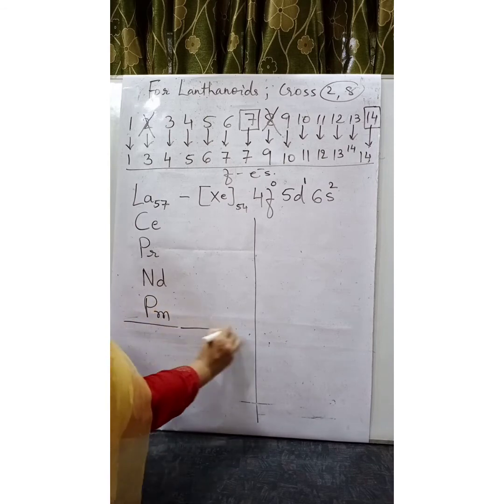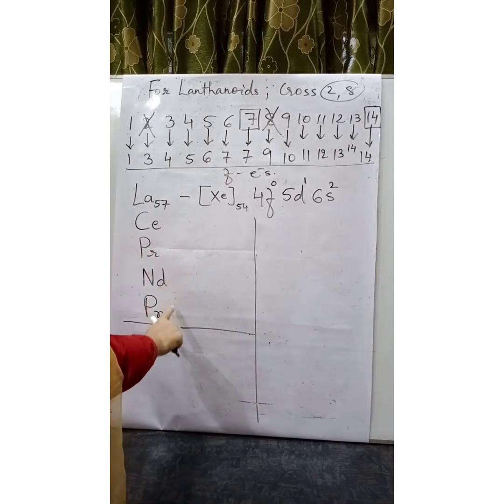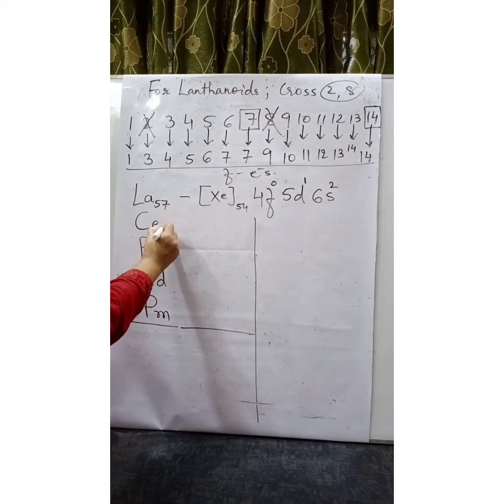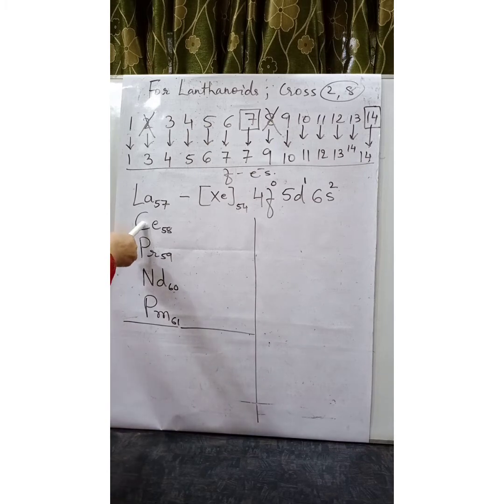So this is one phrase. Atomic numbers 58, 59, 60, 61. We name these elements cerium, praseodymium, neodymium, promethium.